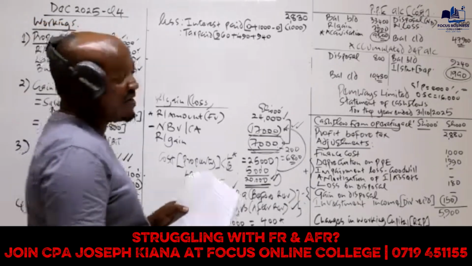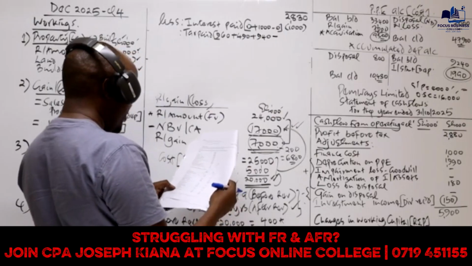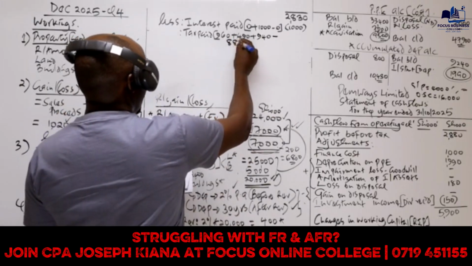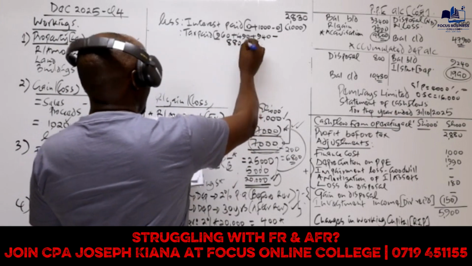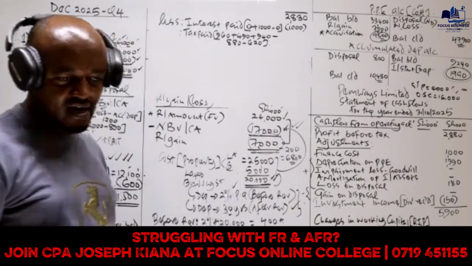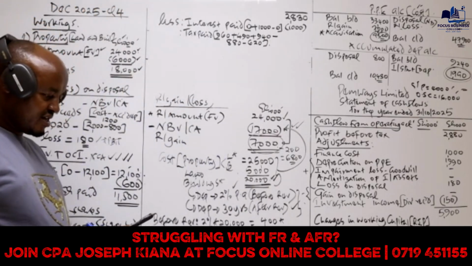Then to this, we less the taxes which are not being paid at the end. First of all, we go to where we have non-current liabilities. The deferred tax at the end was 880, and under the current liabilities, the current tax not yet paid was 620. That is how we compute the tax paid, and we use the same approach even in the other question.